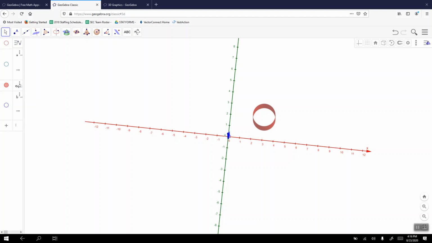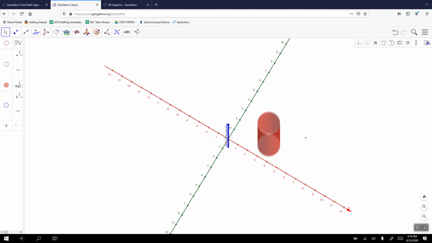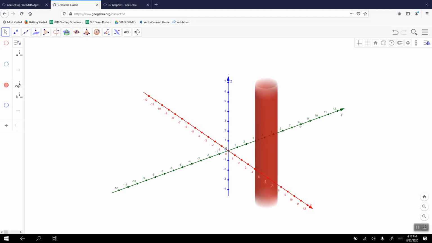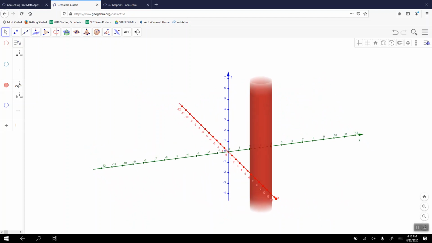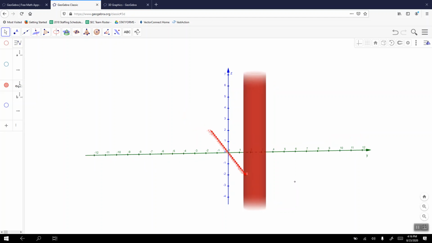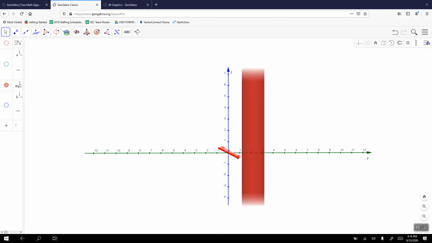Well, if there is no z component, that means the z component can be whatever it needs to be, which means we have a right circular cylinder here where the ends, meaning the positive z values and the negative z values, are open-ended. They extend forever. However, the added restriction is that z must be greater than or equal to -1. So I want to somehow cut off this cylinder at -1.